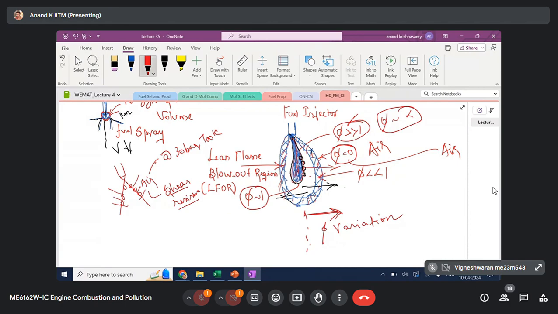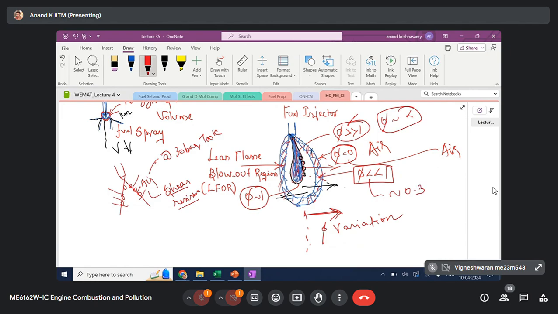Now, nearer to the phi equal to 0 region, you will have some fuel vapor present with a very high air proportion. That region is what is shown here with the shaded region. The shaded region is just nearer to the phi 0 region, wherein the value of phi is much lower than 1. It's typically around 0.3 or less than that.